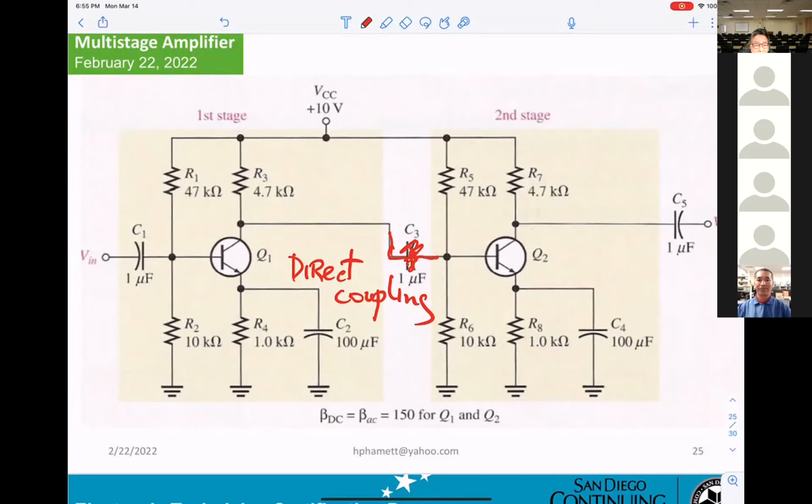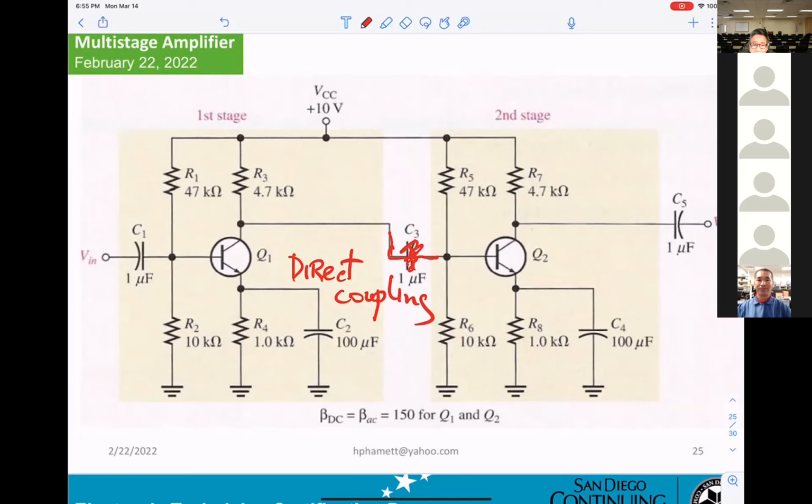Why wouldn't that be considered a direct node instead of a coupling? Well, coupling references a component, but if you don't have the component, it's just a common node circuit. Why wouldn't they call it just direct?